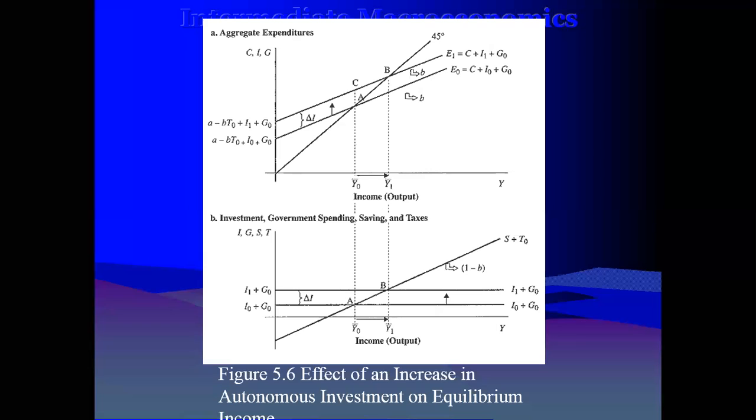Now you see, that's why we say exogenous change in investment, which means the change in investment wasn't coming as a result of a change in interest rate. It is exogenous. So that one is causing a shift in the investment curve or function.